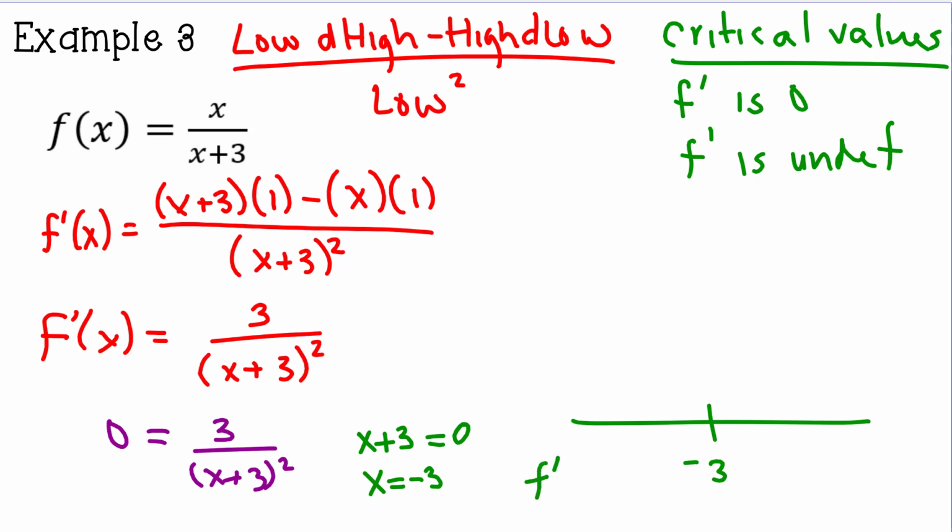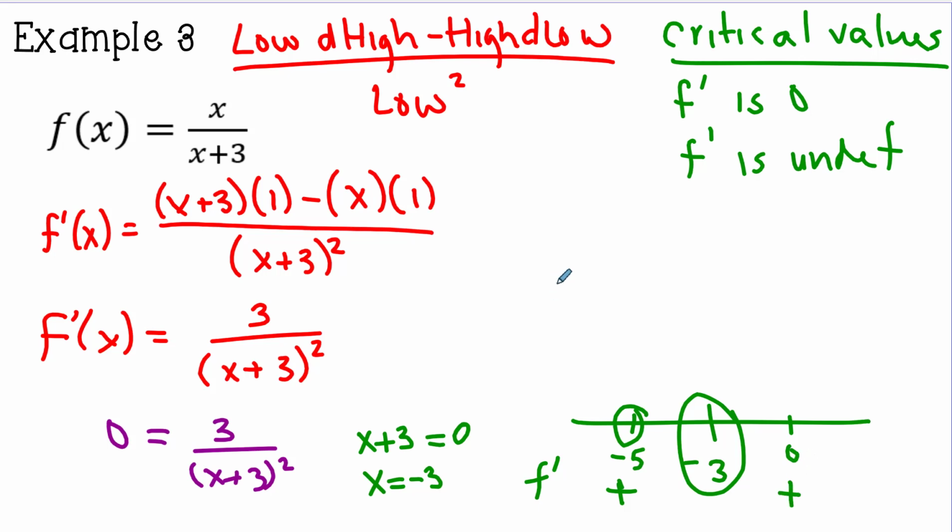So again, I can still test the sign of f prime. I'm going to test a number that's below negative 3, so like negative 5 is my test, and I'm going to test a number above, like 0. So if I plug negative 5 in, the derivative here will be positive because negative 5 plus 3, when you square it, you get a positive. And when I plug in 0, I also get a positive.